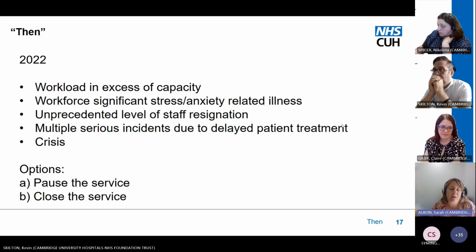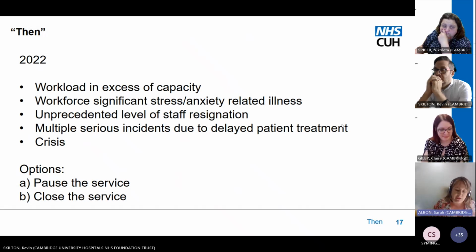This led to an unprecedented level of staff resignation, and unfortunately also culminated in multiple serious incidents due to delayed patient treatment. And essentially, towards the end of 2022, the department was officially declared in crisis. It sounds very dramatic, but that's a sign of how bad things were.